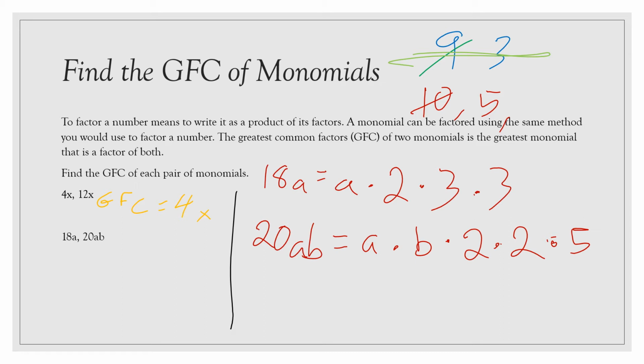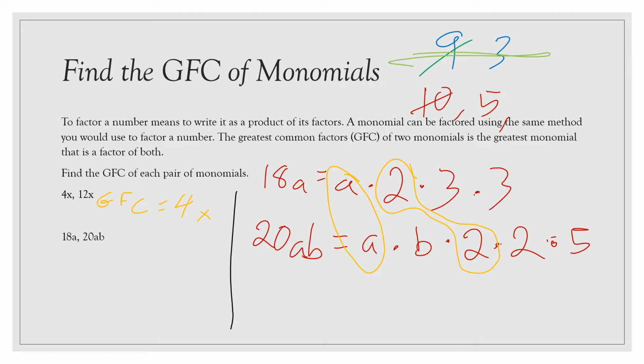So now what we need to do is, we found the smallest numbers that go into 20ab. Now we need to find the greatest one that matches the greatest number that goes into 18a. So let's start circling pairs in our list here. We have an a in both. We have one set of 2. We don't have a b, and we don't have any 3s.